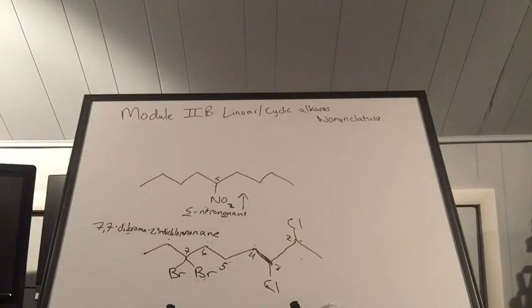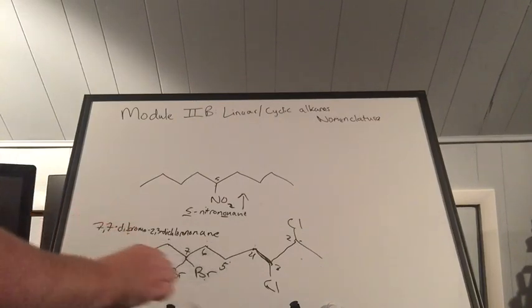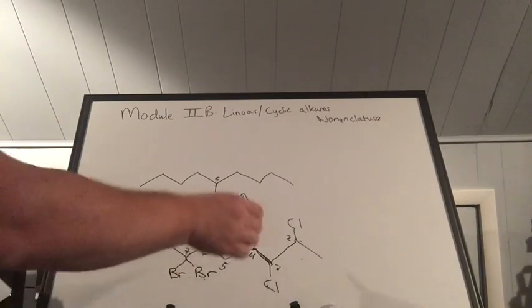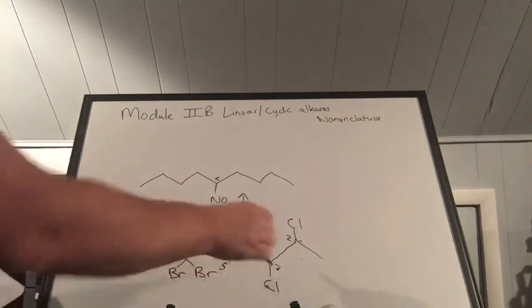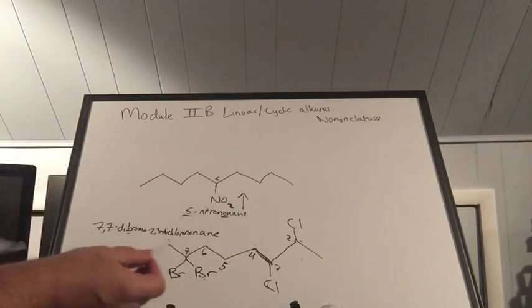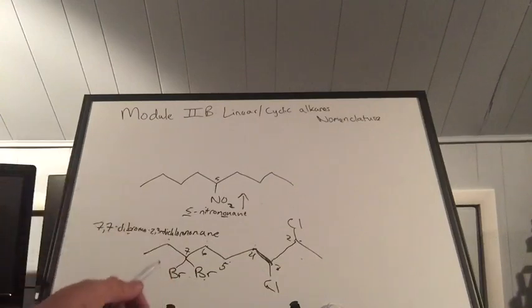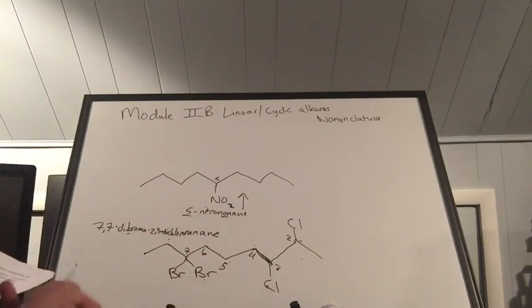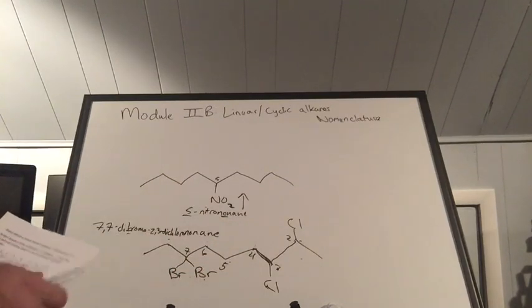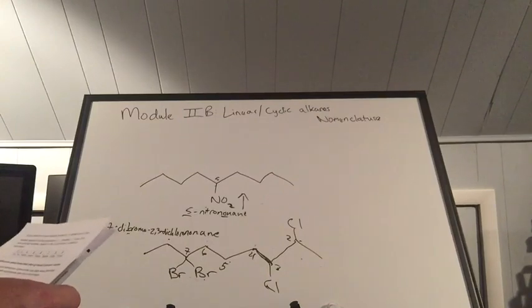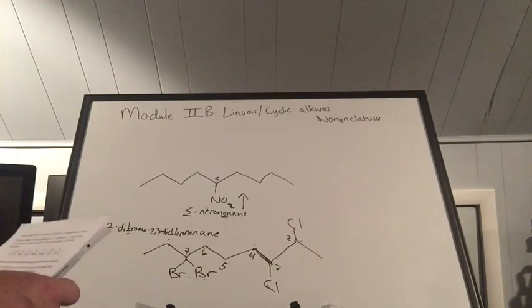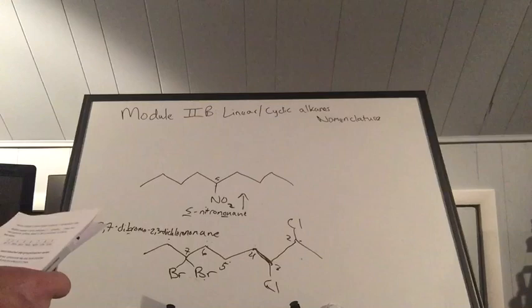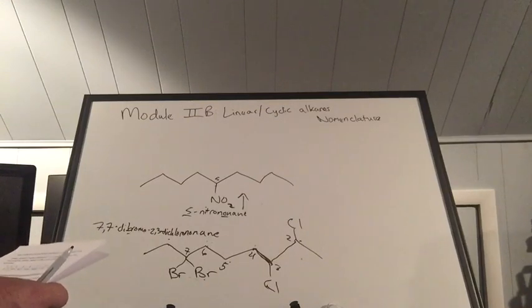Or a tri as in a tripod. So if there were, let's say, 3 bromo groups somewhere scattered about this particular molecule that are branching off, you would say tribromo or trichloro, right? So you can also see that little prefix table that I provided for you in the notes.